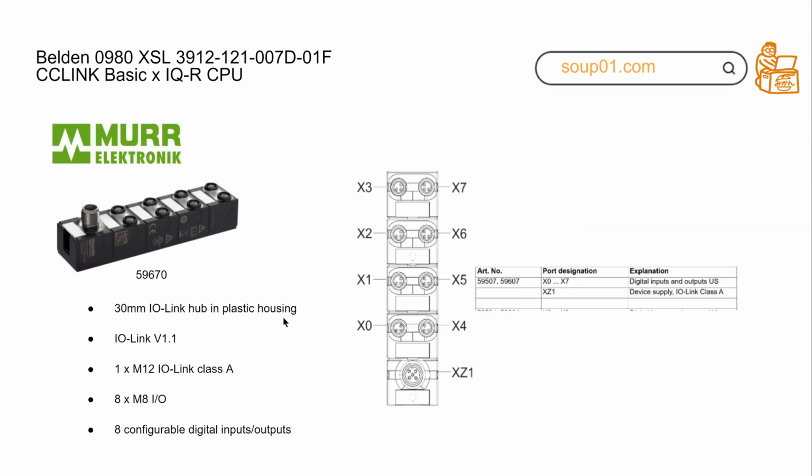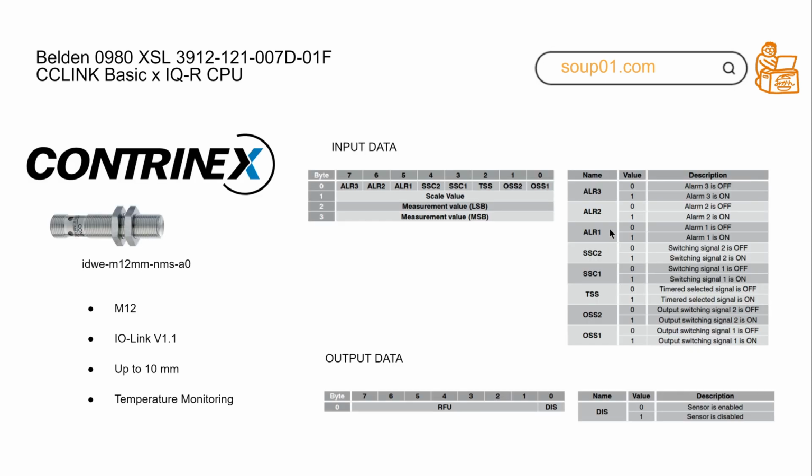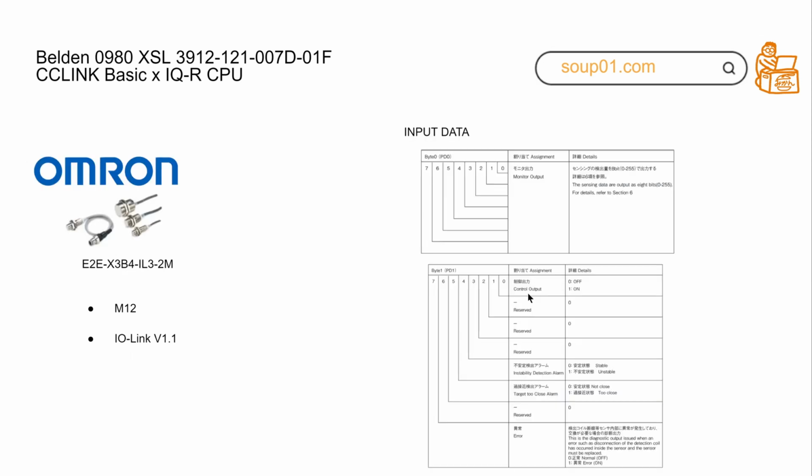This is an M8 connector Molex IO-Link hub, the order number is 59670, and it also has 8 points of configurable IOs. Here is the Contrinex sensor, which measures distance up to 10 mm, and it's also M12.